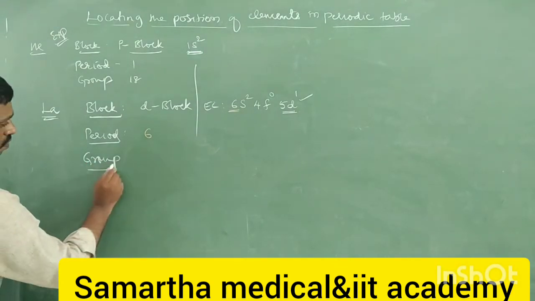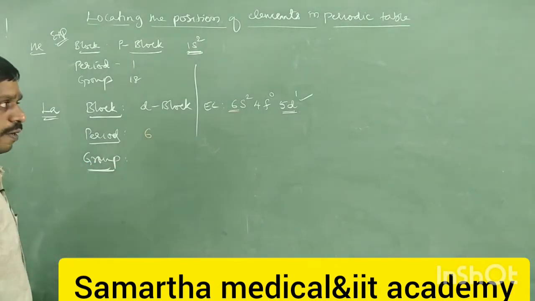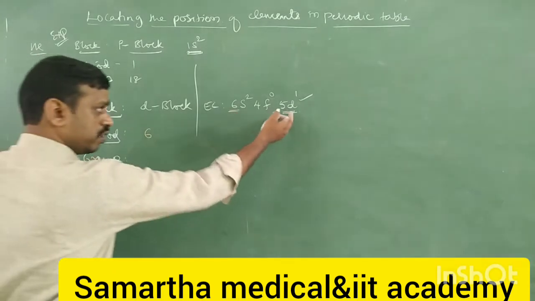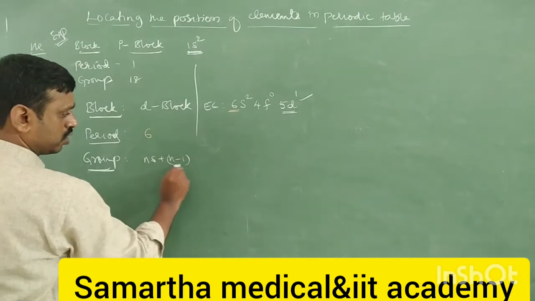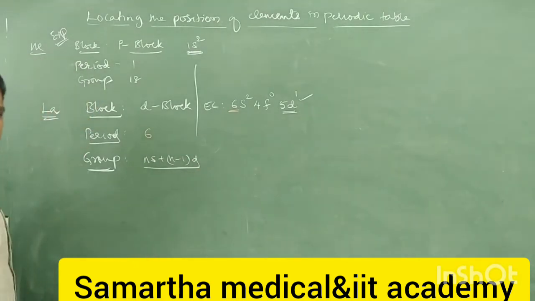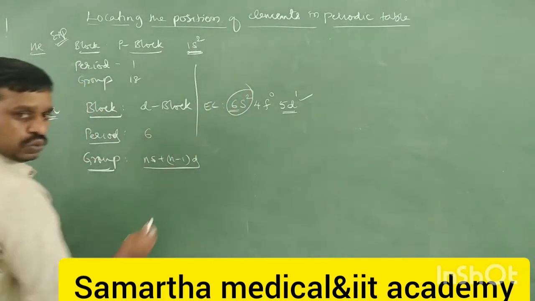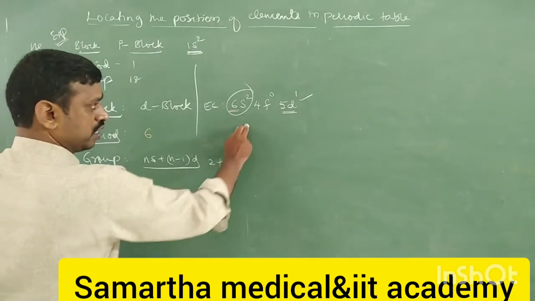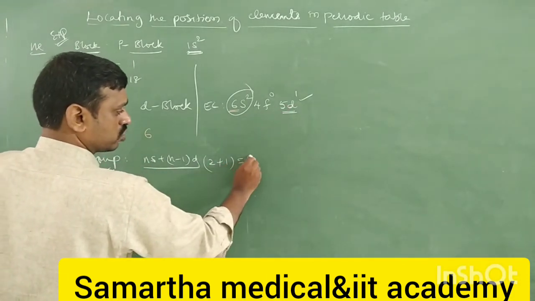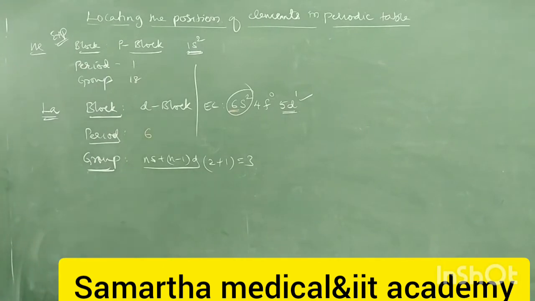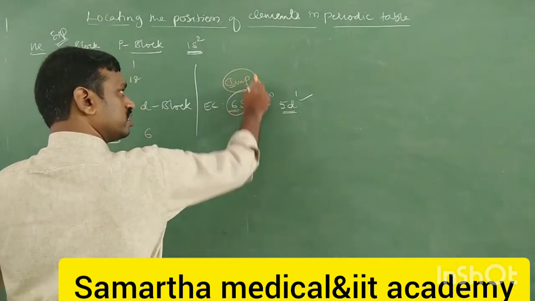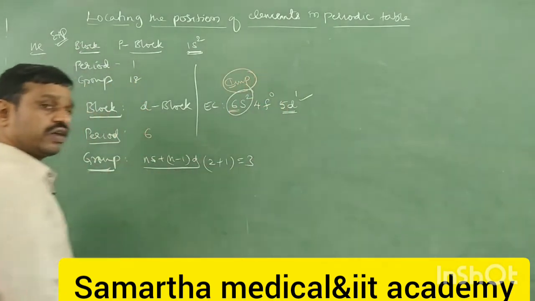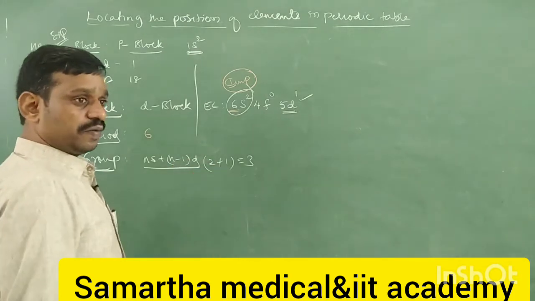For a d block element, ns plus (n minus 1)d electrons. ns is 2, plus (n minus 1)d is 1, equals 3. Third group. So this electronic configuration is important. You must remember. If you remember it, you can write the electronic configuration of all lanthanides easily.